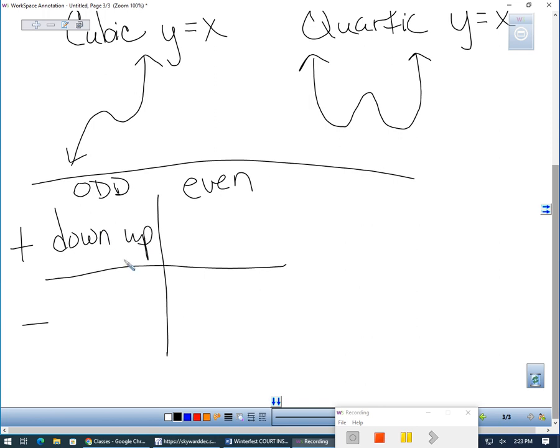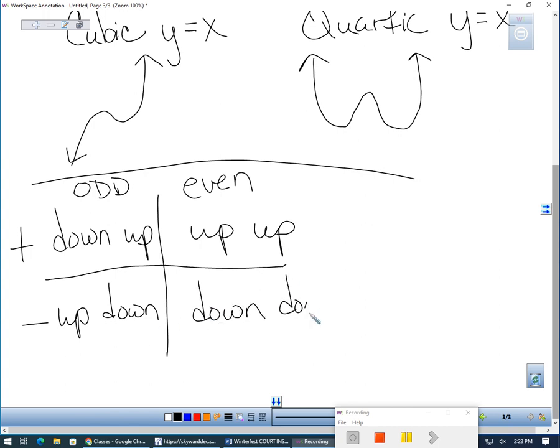So left is down, right is up. If you have something that is odd but negative, its end behavior would be up, down. It's going to flip. If I have a polynomial with an even exponent and it's positive, that is up, up. And if it is even and negative, it is down, down. Exactly. All right, this is all end behavior. This is what we're going to use this year for end behavior.